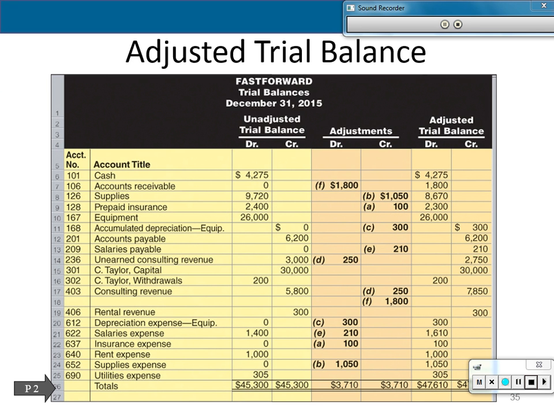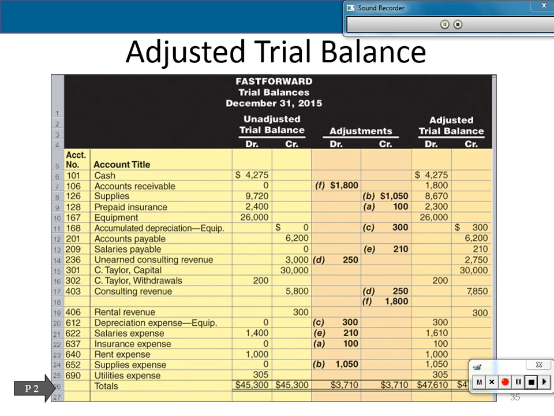Now, adjusted trial balance. We did a trial balance in here last week, right? Yeah. And this is the same thing. You just have 2 more columns added. So this is what you did last week. These first 2 yellow columns.